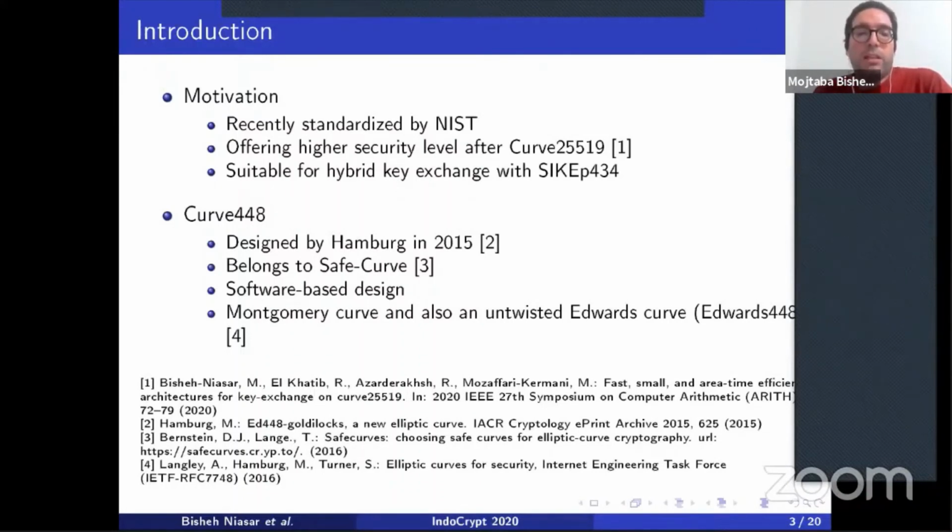And we can use it, for example, in signature design, such as in the Ed448, this design can be used.